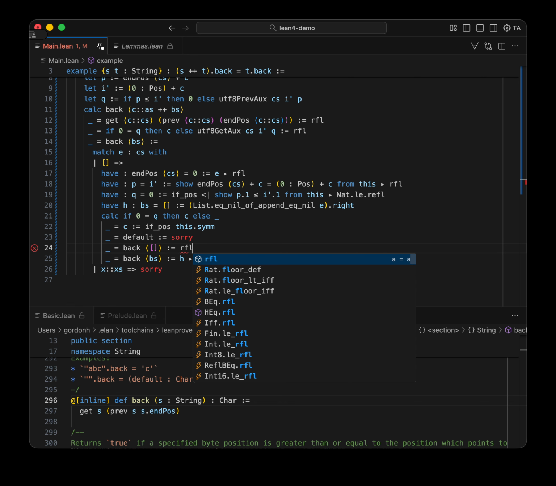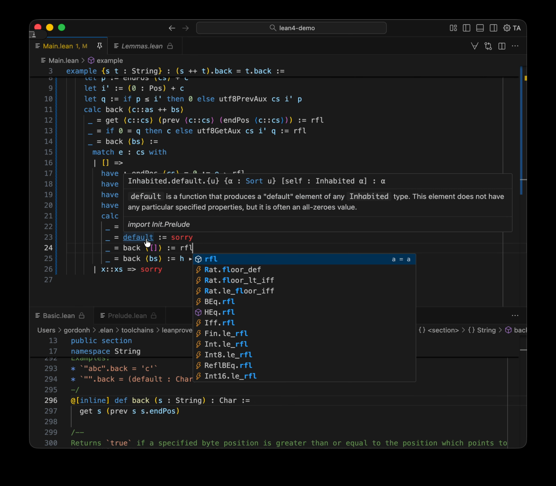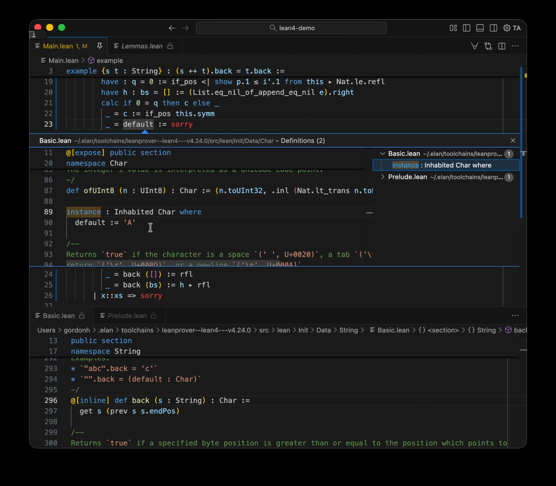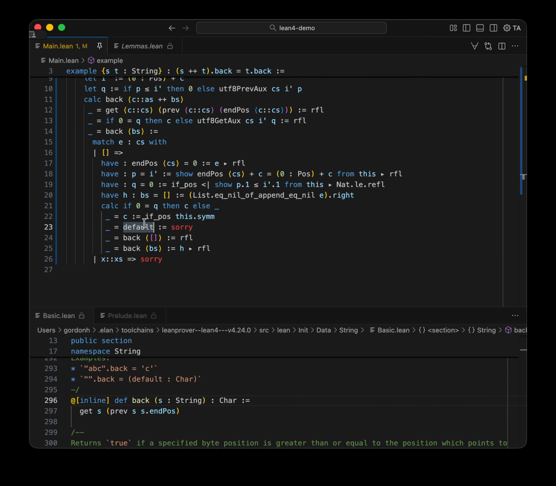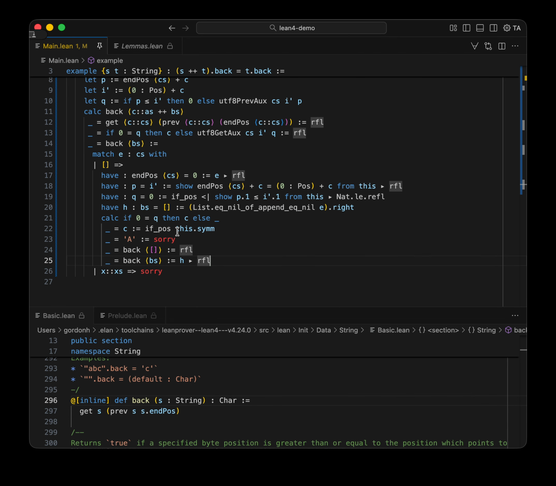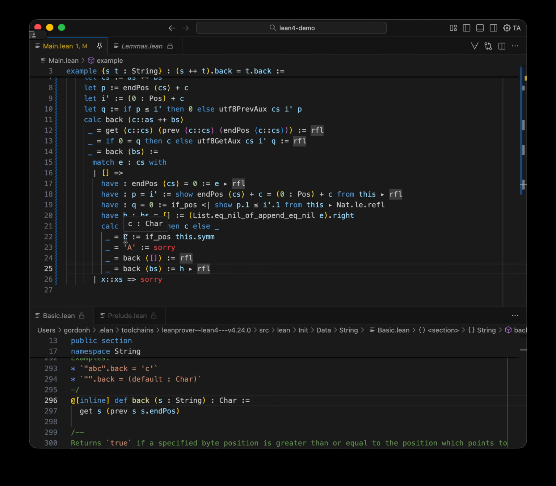Okay, we're reasoning backwards. Default, which reduces to capital letter A. Okay, so now how can we actually show that C will always be A?